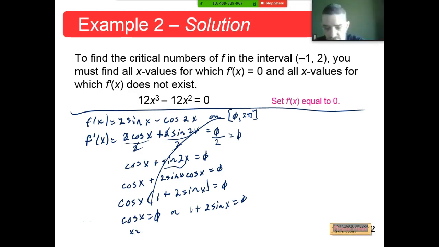Okay, did someone say something? Yeah, pi halves will certainly make that a 0. Any others? One more, by the way.